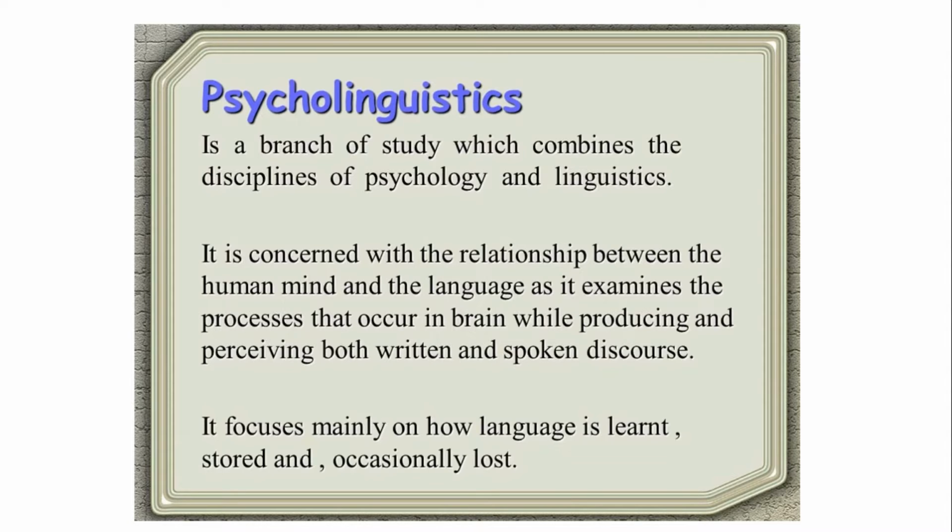It is concerned with the relationship between the human mind and language, as it examines the processes that occur in the brain while producing and perceiving both written and spoken discourse. It focuses mainly on how language is learned, stored, and occasionally lost. So that is psycholinguistics, one of the main branches of linguistics.